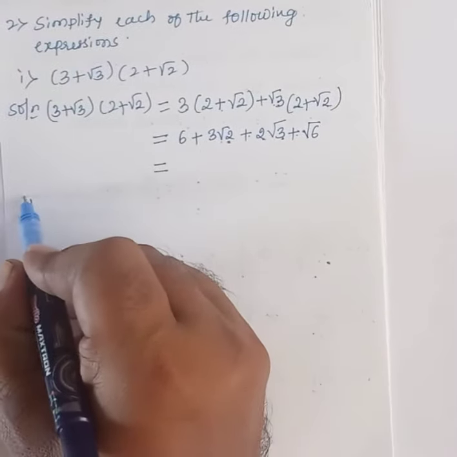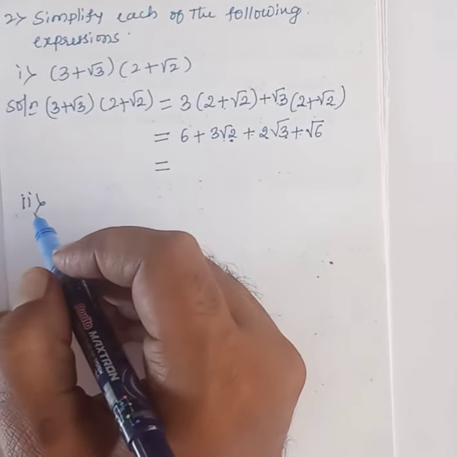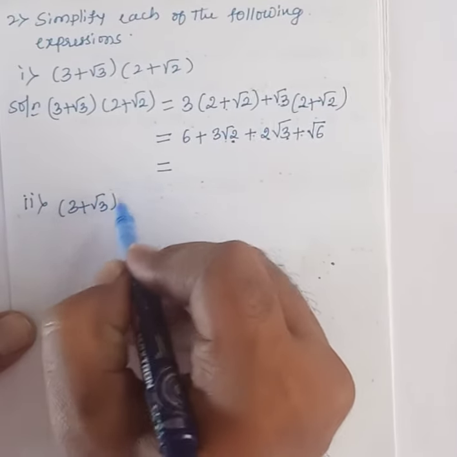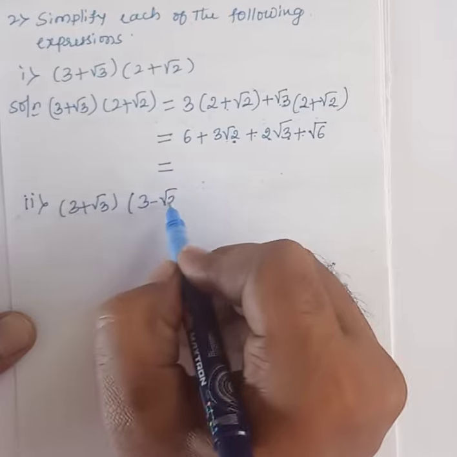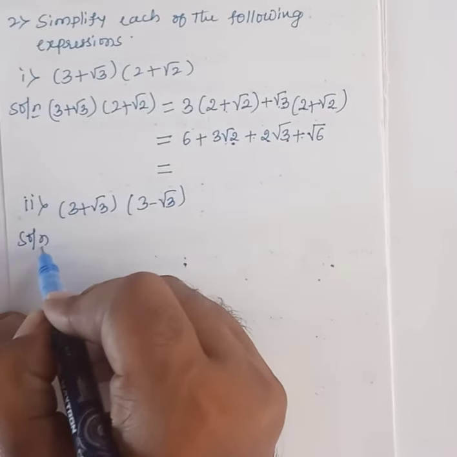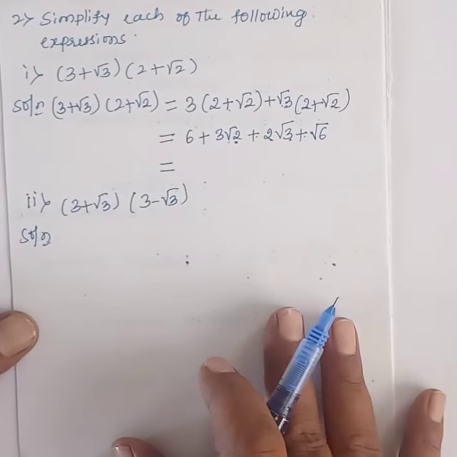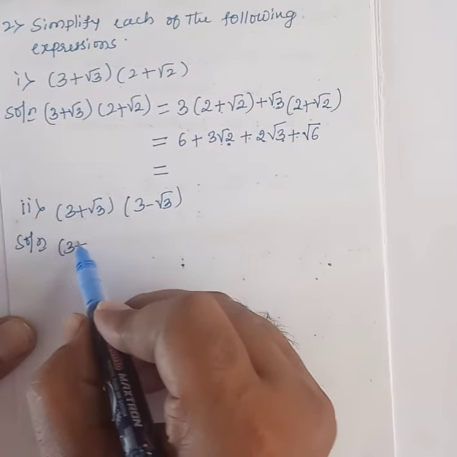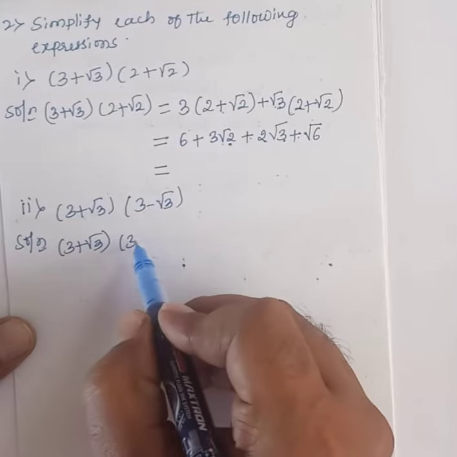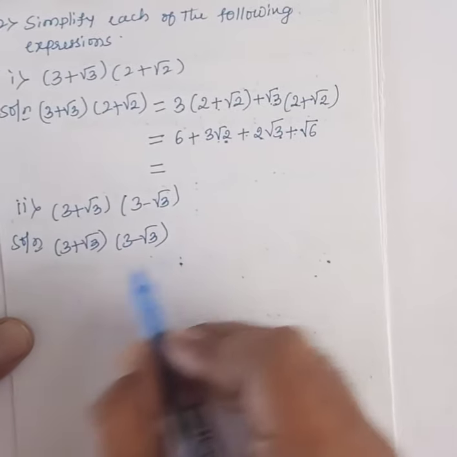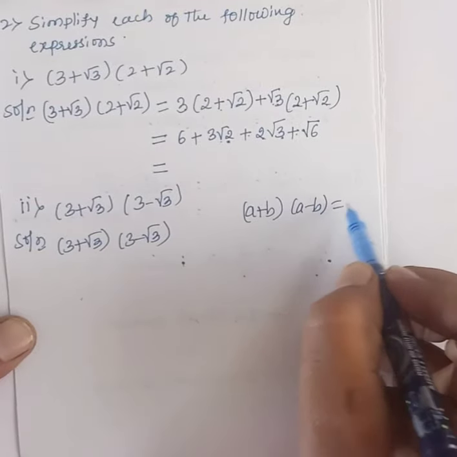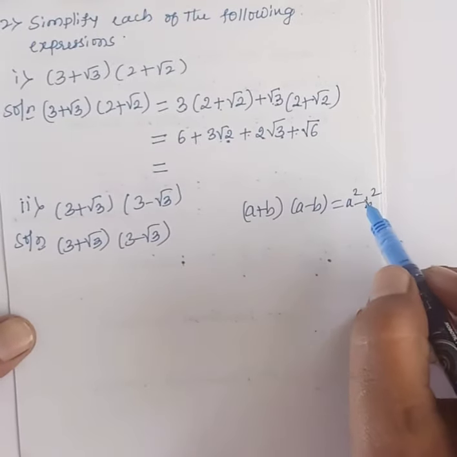Now take second question from second main, that is 3 plus root 3 into 3 minus root 3. This is in the form of a plus b into a minus b, can be written as a square minus b square.